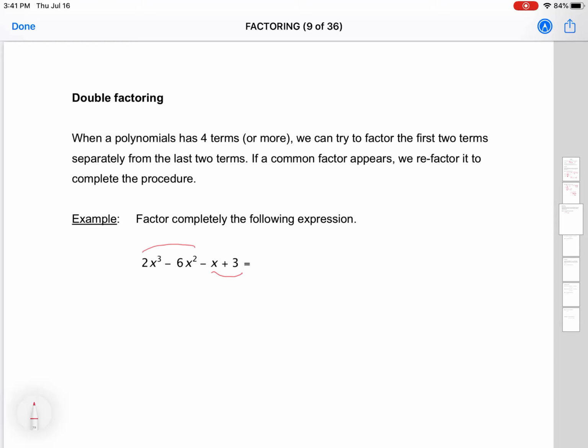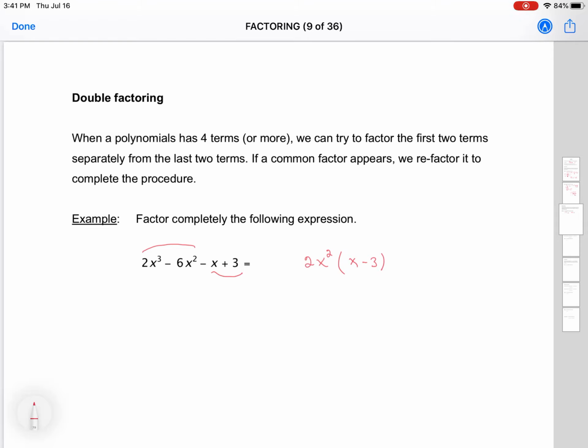So what can I factor out of 2x cubed minus 6x squared? I can certainly factor out 2 and x squared. So how do I get the inside of the bracket here? 2x cubed divided by 2x squared, that's x. 6x squared divided by 2x squared is 3 with a minus.